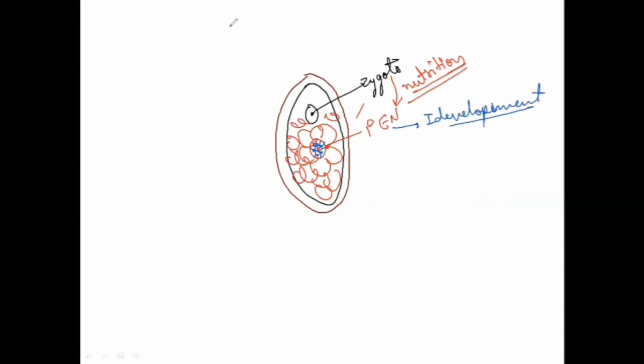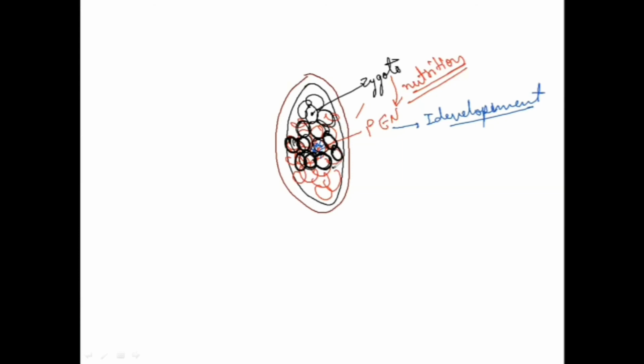Now, once this endosperm has started developing, the zygote will use the nutrition of this endosperm and is going to increase its number of cells, forming a embryo. Clear? So slowly and slowly, as you can see, the zygote is actually overtaking the positions of the endosperm like this.